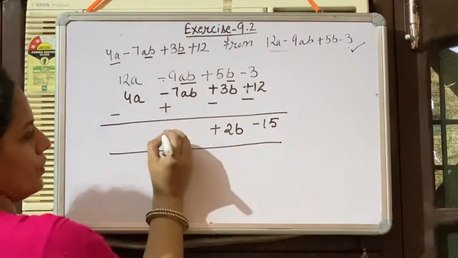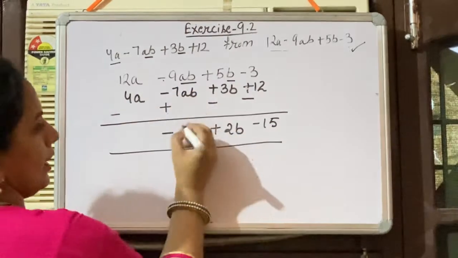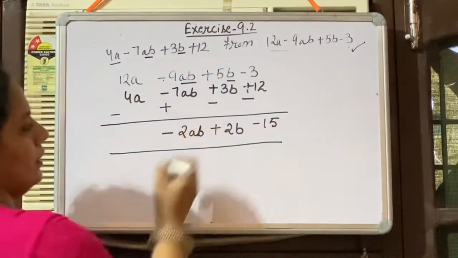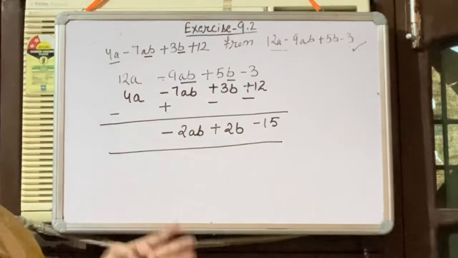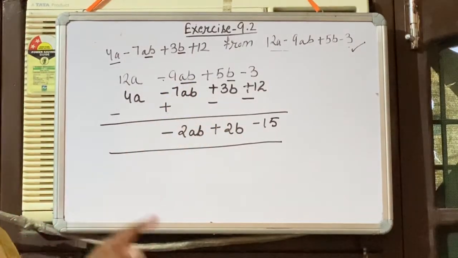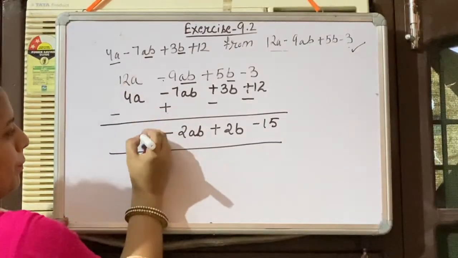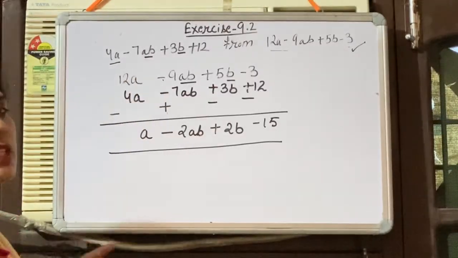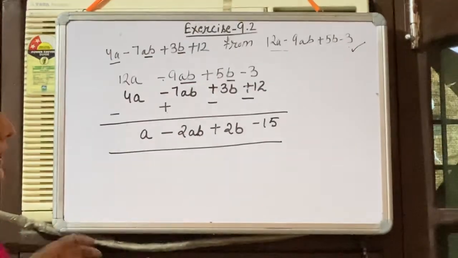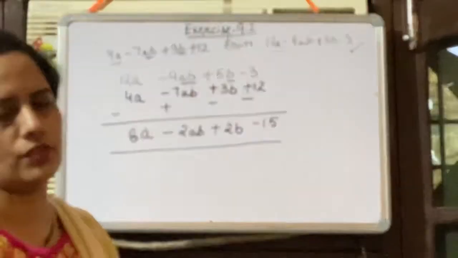Negative, positive. That means negative, sign of the bigger term. So here we have 2ab. In the like terms, just subtract the coefficients, not the variable. 12a minus 4a, 12 minus 4, that is 8a. So this is our final answer.